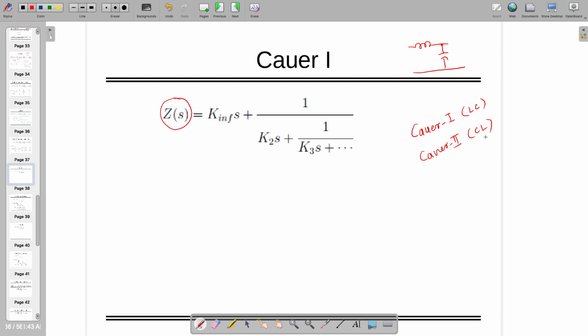So in Cauer 1 the first element will be L, second will be capacitor. In Cauer 2, first element will be capacitor, second will be inductor. Right? So that is how it goes. So Cauer 1 form will have all such entries.